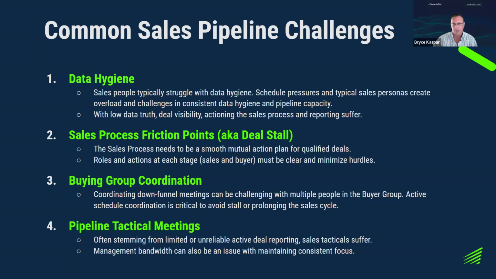You may have an on-site plant manager, for example, and then you have a financial person in the buying group. You could have multiple people there, and then you have technical people. So making sure that you're keeping that buying group, and a lot of times it's like herding cats, coordinated so that everyone who needs to be at that next stage and that next meeting is there can be a challenge.